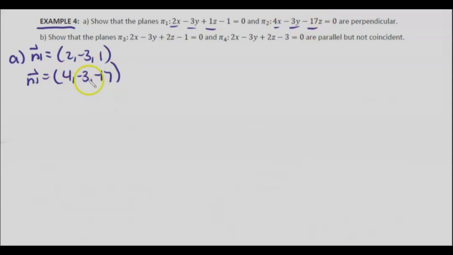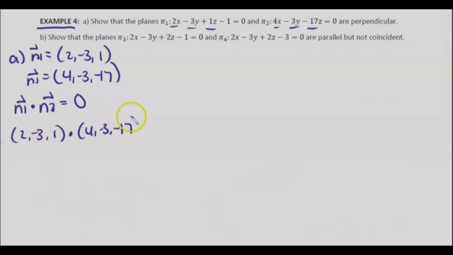And what we want to do is show that these two are perpendicular. So we're going to do normal 1 dot product normal 2, and we're going to show that this equals 0. So 2, negative 3, 1 dot product 4, negative 3, negative 17.